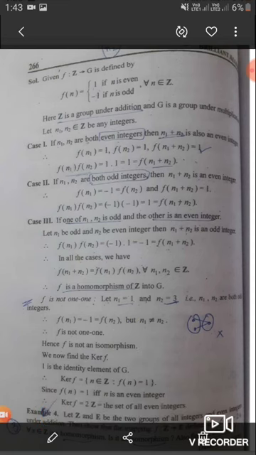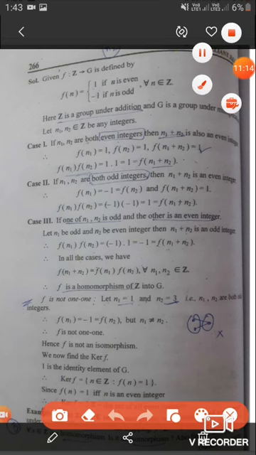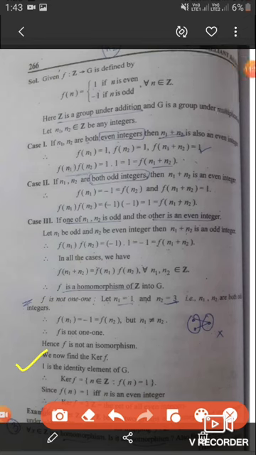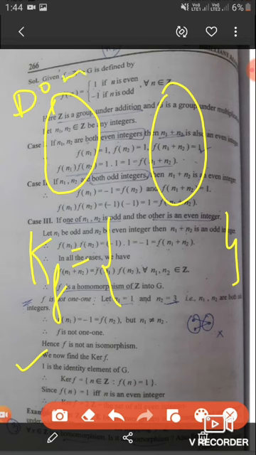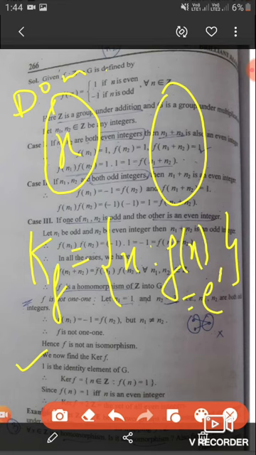One thing also asked in this question is to find out the kernel of the function. So for this we should know what a kernel is. Basically kernel is a set and it includes all those elements x of the domain such that the image of this element is equal to the identity element, and this identity element should be from the codomain.